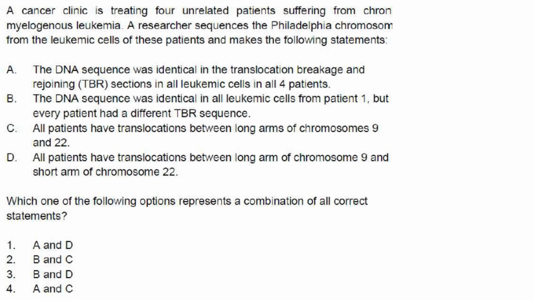It is translocation between the long arms of chromosome number 9 and chromosome number 22. And the translocation fuses the BCR gene on chromosome 22 with the ABL1 gene from chromosome 9. That is what is happening in the Philadelphia chromosome.